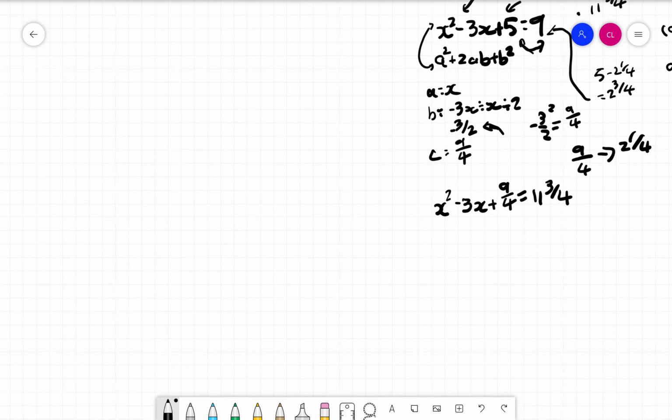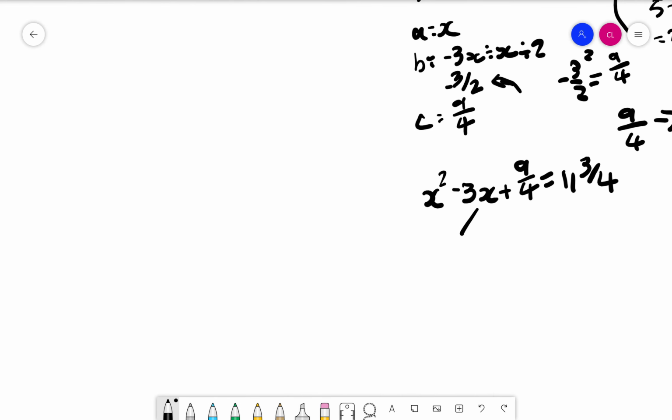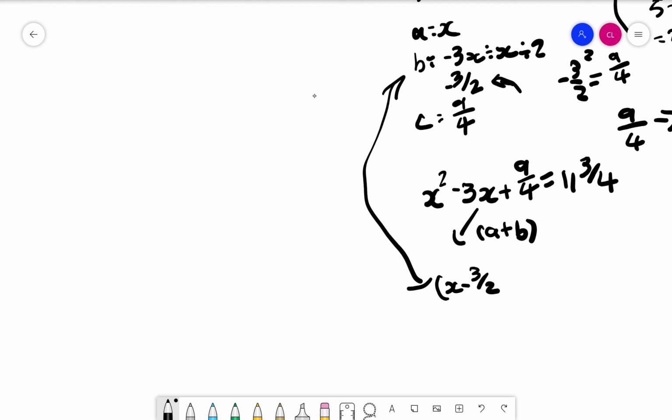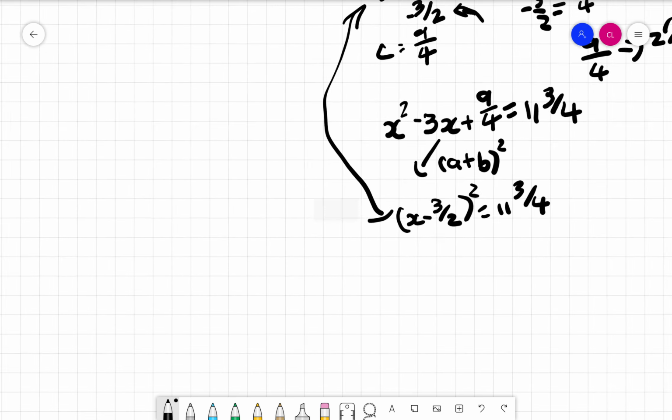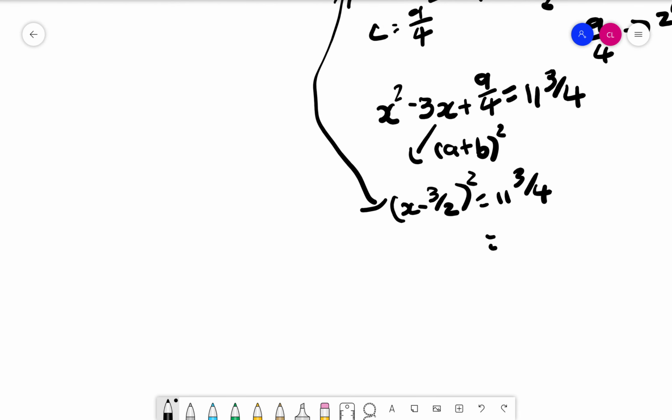So then we can simply solve that as we turn that into a perfect square. X minus 3 over 2, because remember we put the b in here, because this is a plus b, so that means it's this squared equals 11 3 over 4, except we don't really like mixed numerals, so we can change that into 33 over 4.